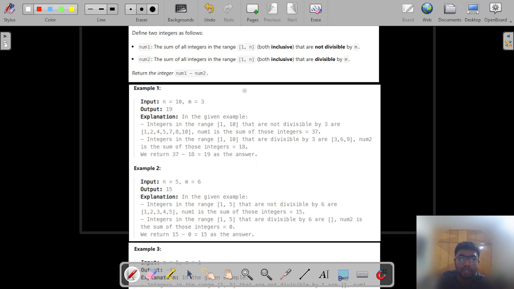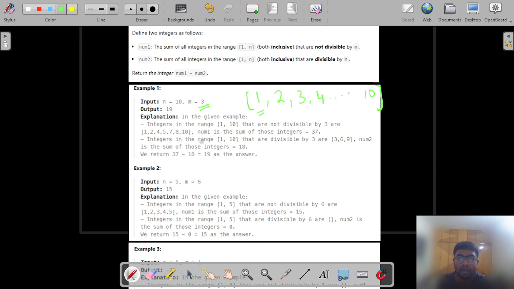So in this particular example, this would be the array, and m is the number which we should check divisibility of each element in this array.